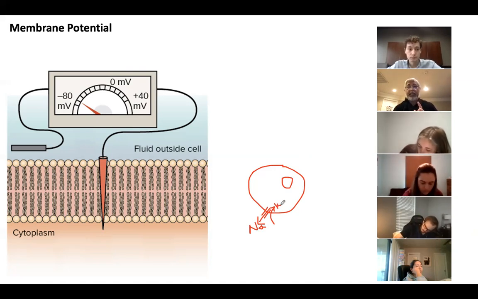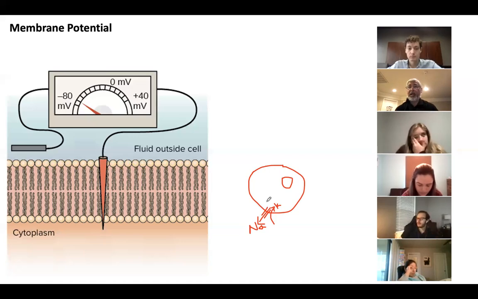Now, this is an energy-requiring process. When we say pump, we mean it's active transport. Are you familiar with active transport, passive diffusion, those terms? Good. So the sodium-potassium pump is active transport, which means energy is required for it to operate.